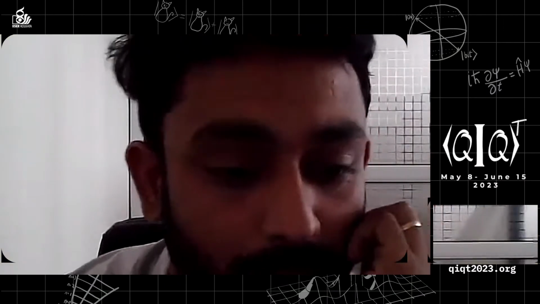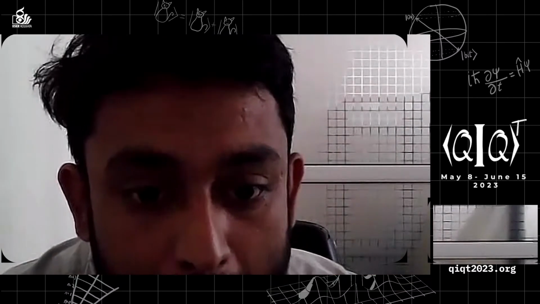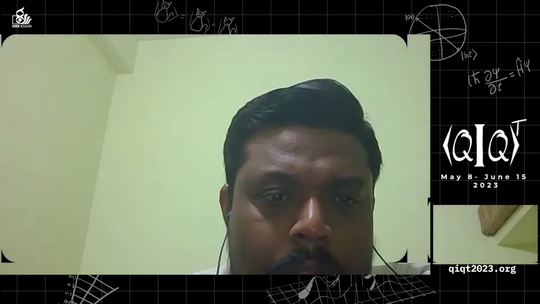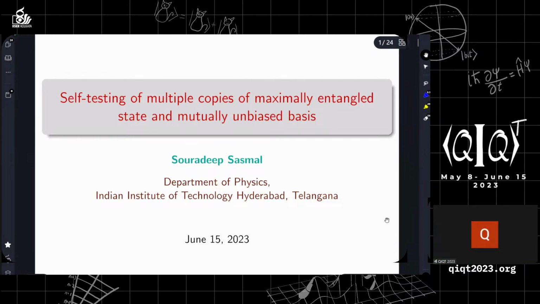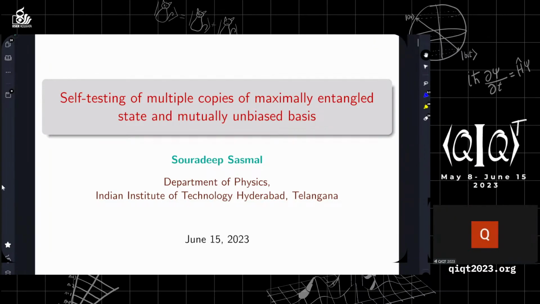Okay, let me fix that first. Now I hope I am audible and my screen is properly shared. It's visible. You can make it full screen. Now it is full screen.